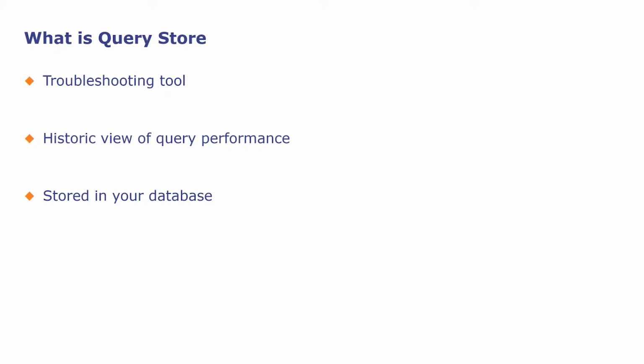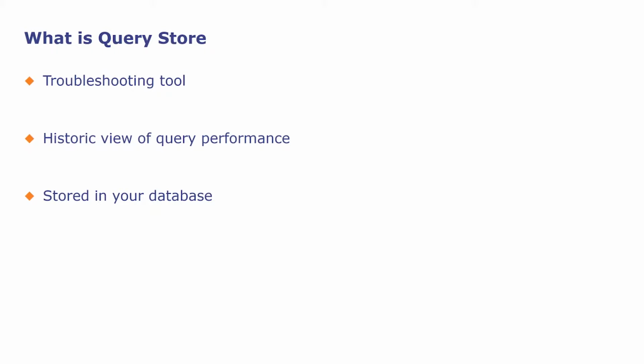Query Store is a new troubleshooting tool for SQL Server 2016 to analyze your SQL Server queries and the performance of those queries. Query Store is a database inside your database, which will store all your information on the query performance of your SQL Server. This gives you the ability to check out the historic view of your query performance.